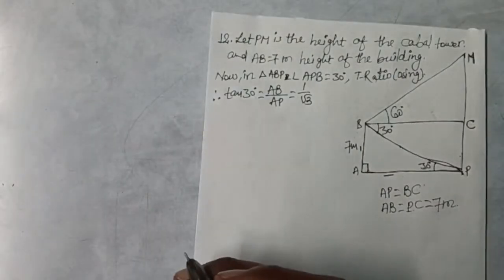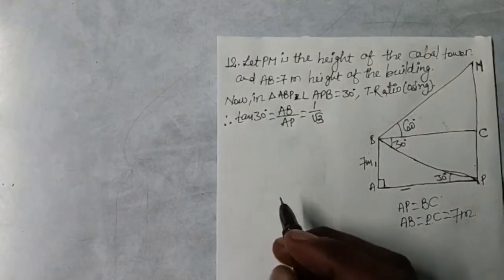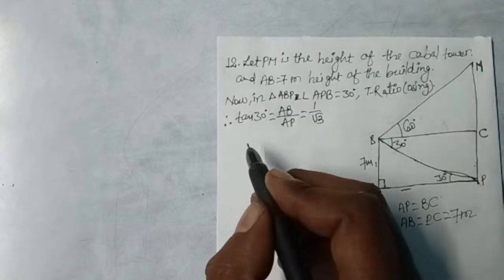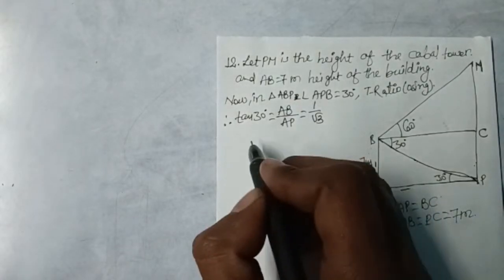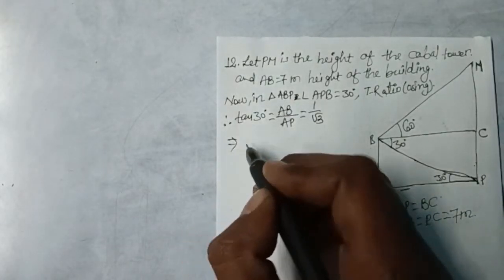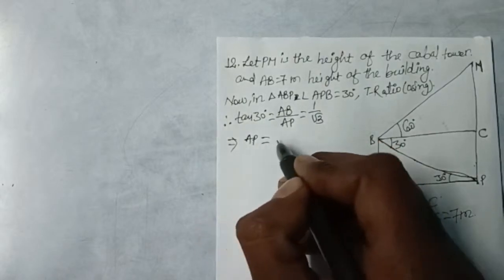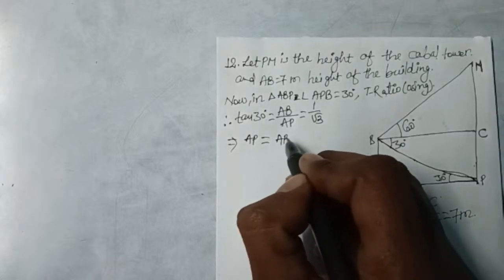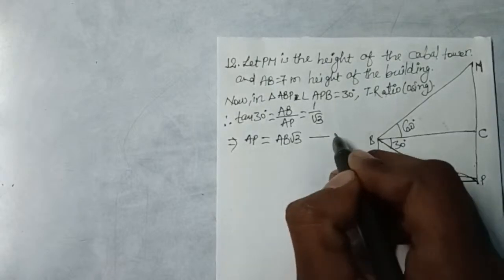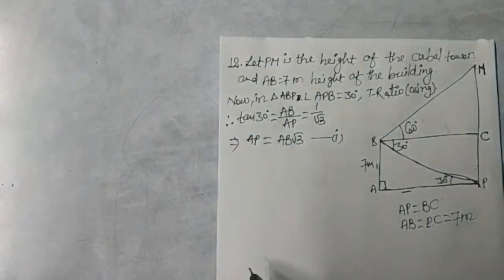Now on cross multiplication we will get AP equals AB root 3. This is equation first.